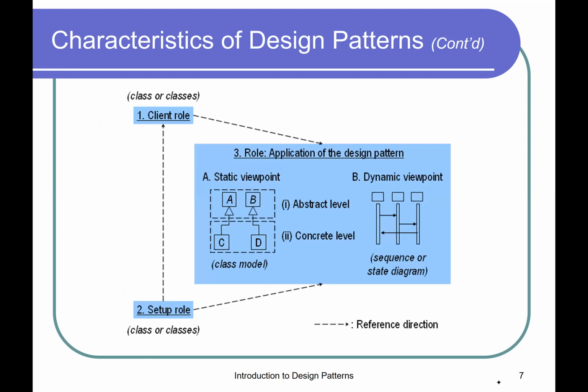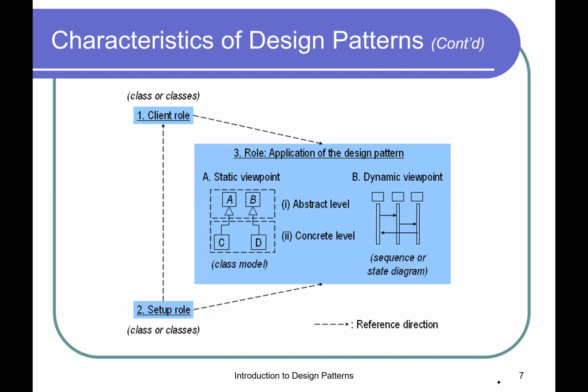So look at it visually. We said we have the three roles: the client, and some setup code maybe at the beginning. And then we have here the big blue square in the middle. That's the actual design pattern. This is where our classes are going to be, and these are the ones that are going to be solving the problems.